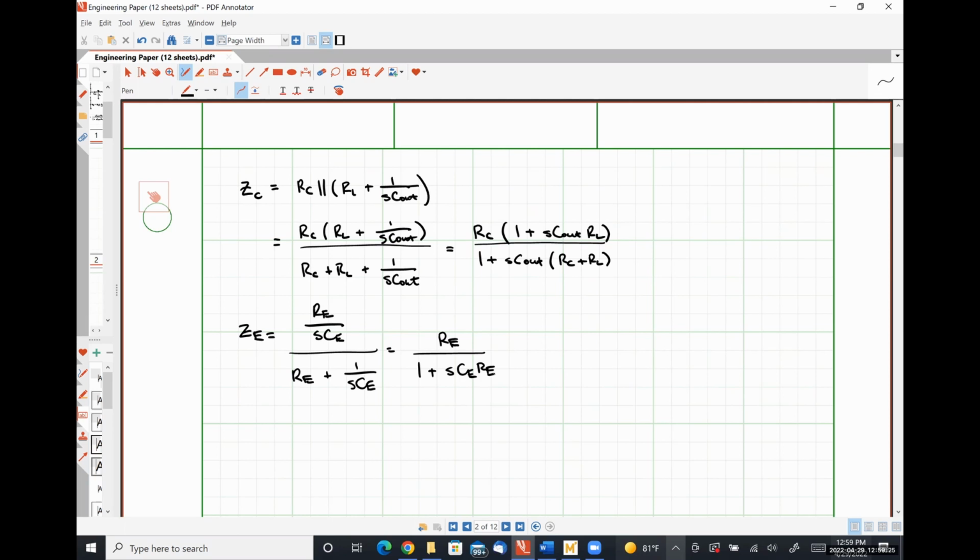All right, so now we're just going to substitute these things into our transfer function between Vy and Vx.